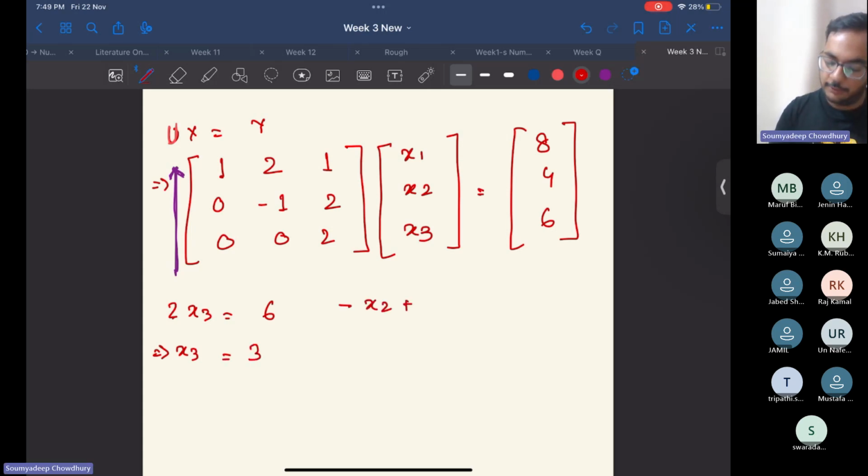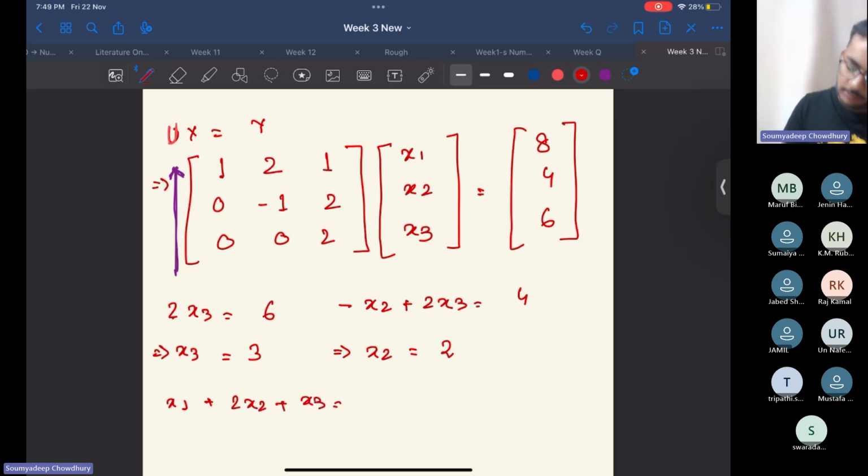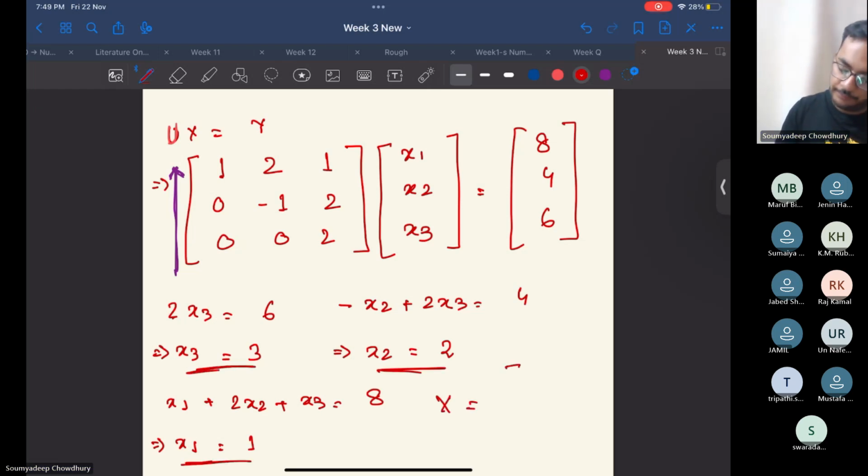From the second row, minus x2 plus 2x3 equals 4, so x2 will be equal to 4 minus 6, divided by minus 1, which is 2. X2 is 2, and from the first row, x1 plus 2x2 plus x3 equals 8. X1 will be 8 minus 4 minus 3, which is 1. So now you have your unknown X matrix: 1, 2, 3.